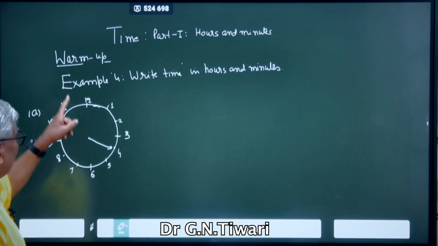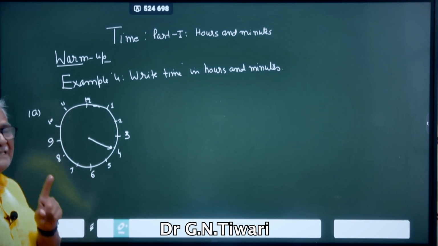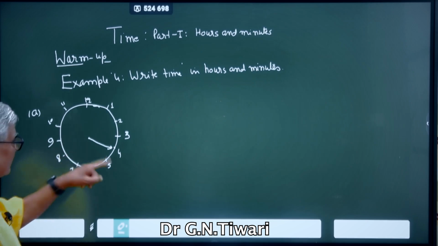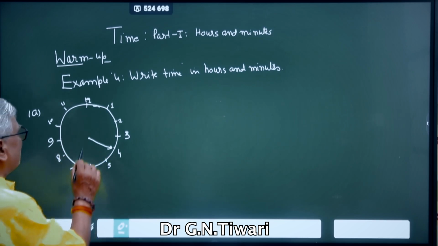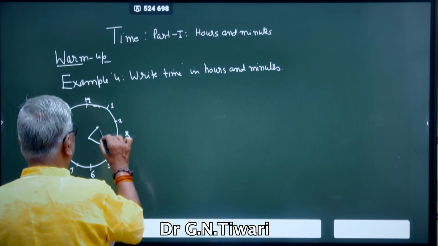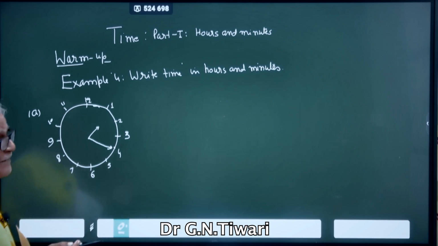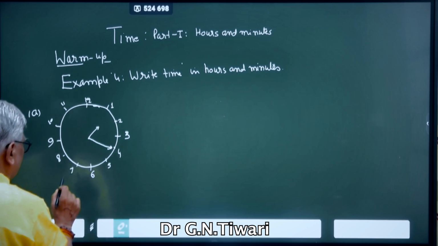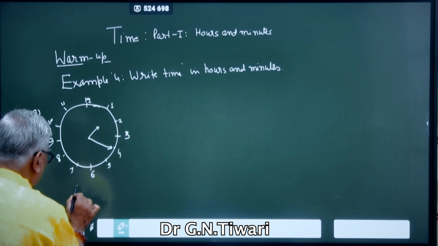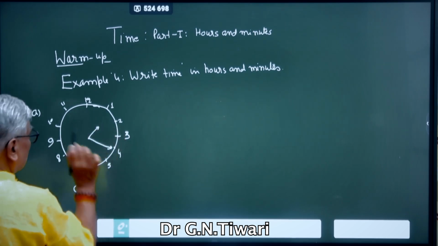If larger hand is other than 12, that means our handle cannot be exactly at 1, 2, 3. So 20 minutes, that means smaller needle, if suppose go to between 1 and 2. So what will be time? Time will be, this is the 1 and 2. So 0, 1 hour, because it is not 2.